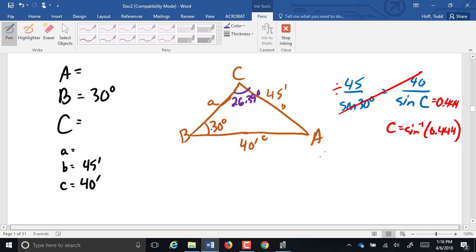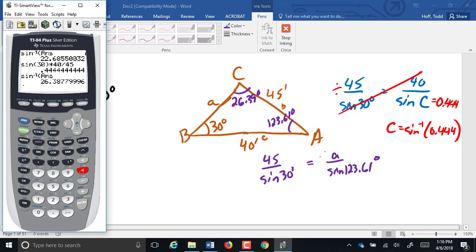We knew it had to be smaller than 30, right? So that makes this one 123.61. Obviously not drawn to scale. Yes, that would be obtuse. So A then, A over the sine of 123.61. Well, that would be the 45 over sine of 30 yet.